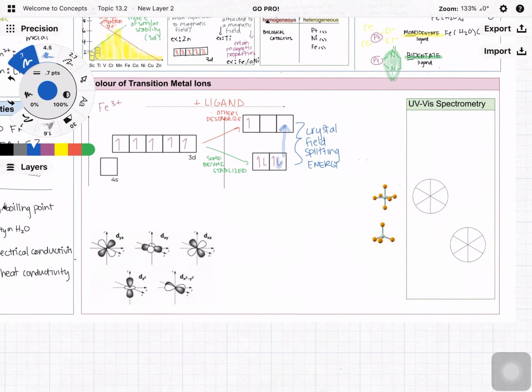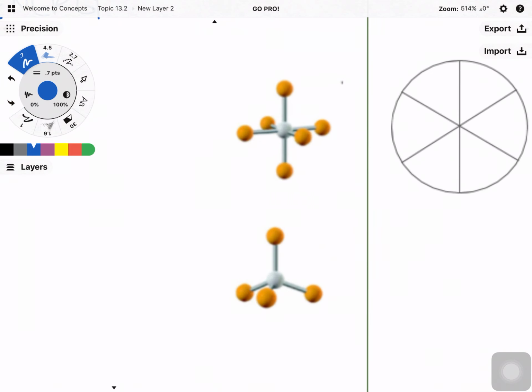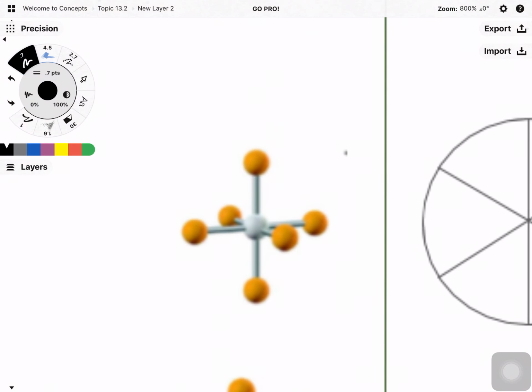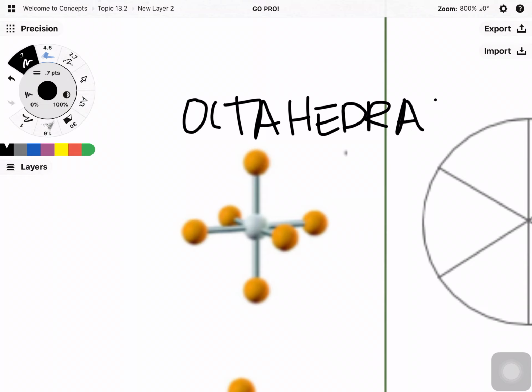Sometimes when our ligands bond, they bond in what is known as an octahedral geometry. Let me show you that, octahedral. What it looks like is we have our central metal ion in the middle, and then we have our ligands all around in this shape where they're all at 90 degrees to each other.